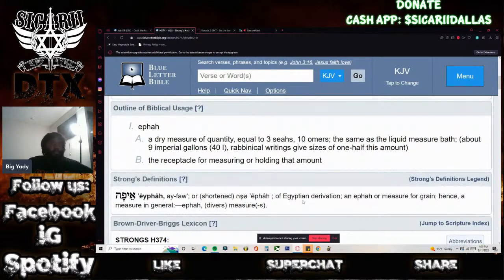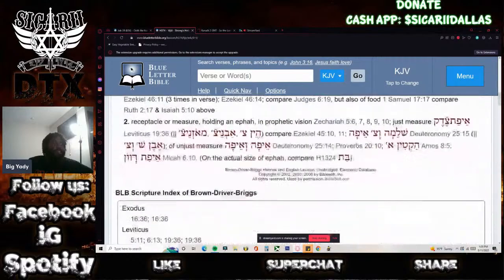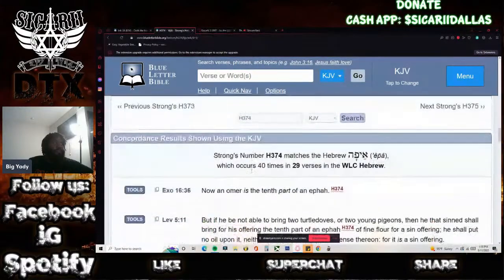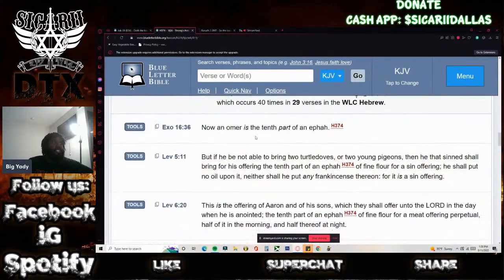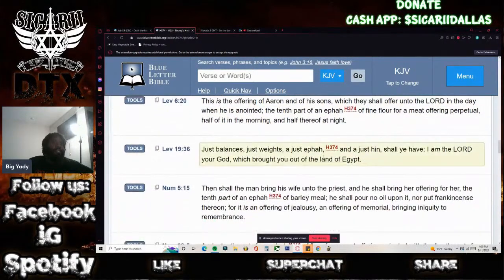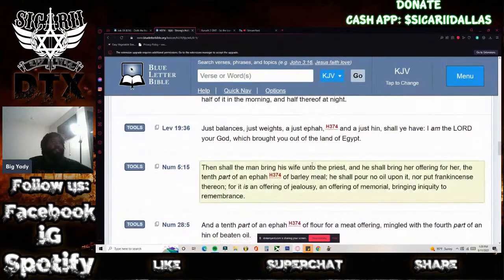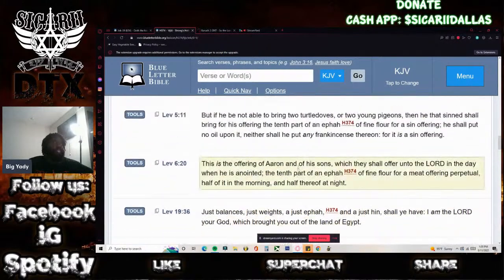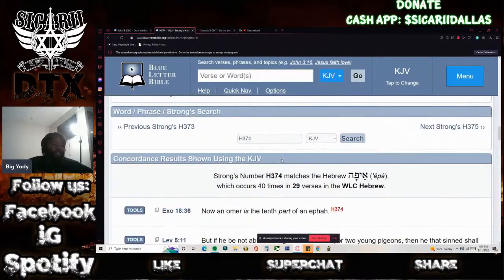Basically, we used it to measure specific amounts. You see examples of that in Exodus 16:36, the tenth part of an ephah. We use it for measuring things. That's what it's used for.